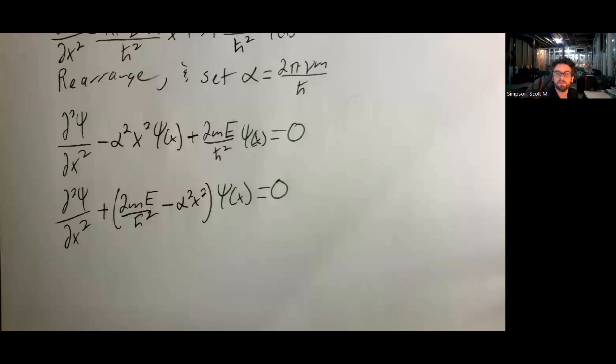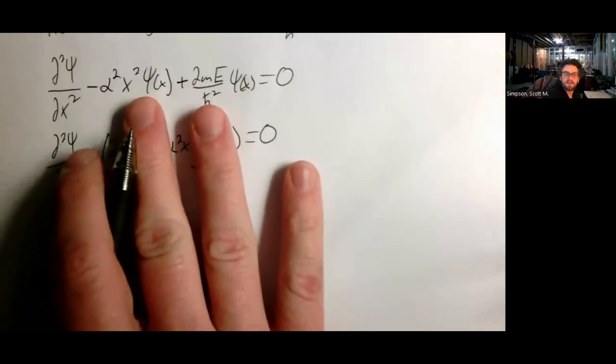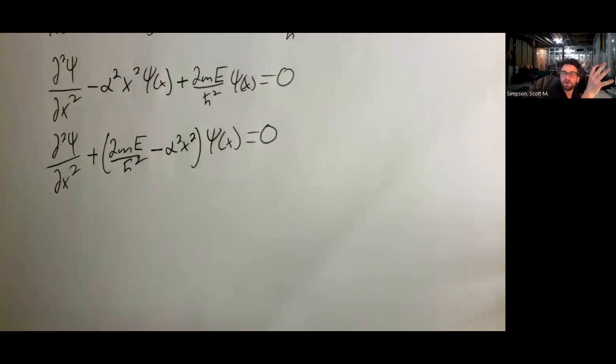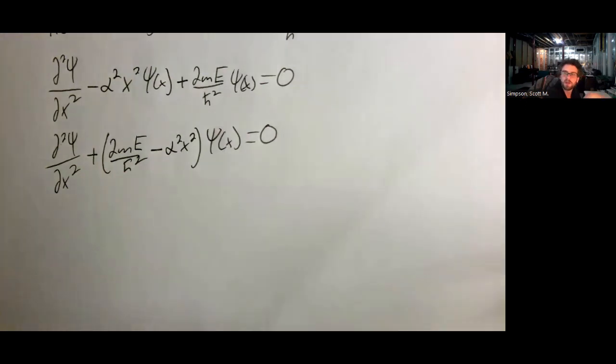There are a handful of possible solutions, but the one I'm going to suggest we use, and it's worked out in the past for many other people, is to assume that we have a Gaussian function. So for now, we're just going to say, let's assume we have a Gaussian function. I know it will work. How do people determine this? Well, from differential equations, they know that Gaussians work this way.